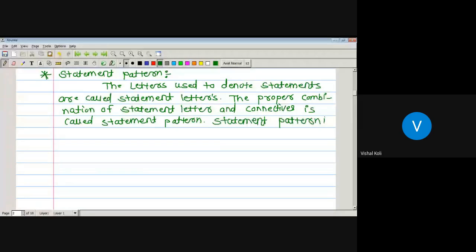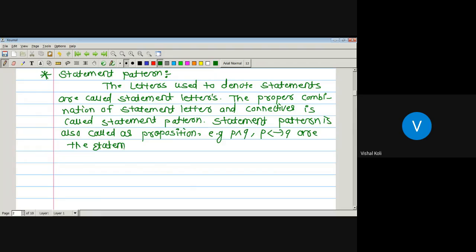For example, P and Q, P biconditional Q are statement patterns, since they are the combination of statement letters P and Q and the connectives and, if and only if.